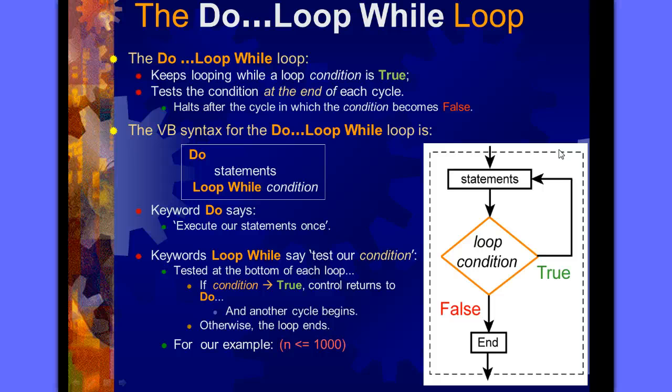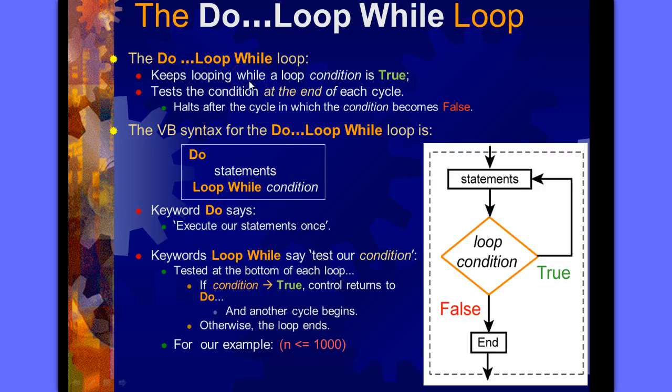Okay, then we have the while coming at the end. So let's see what happens then. The do loop while, with the statements in here and the while condition down at the end.